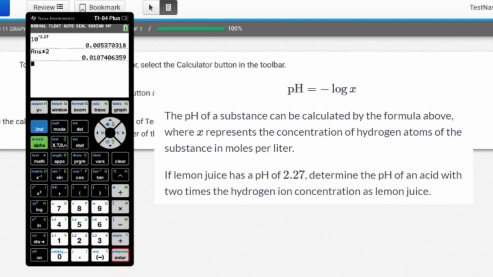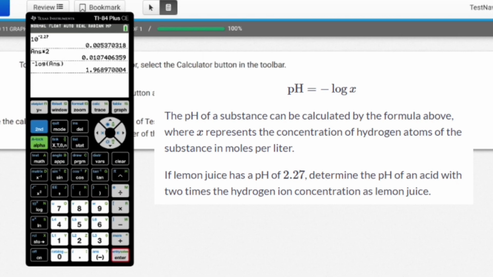Now that I have that, I'm going to throw it back into that original equation on the right side. So negative log base 10. A little trick I can use is to hit second negative symbol, which lets me plug in the answer I just got. Hit enter, and I get 1.96, which seems to match up with C.